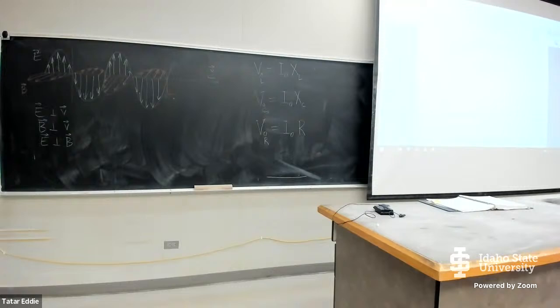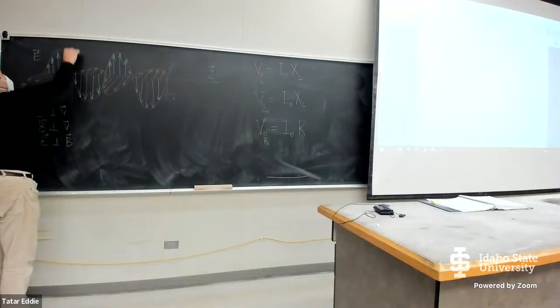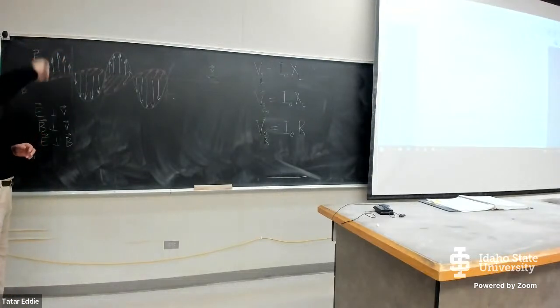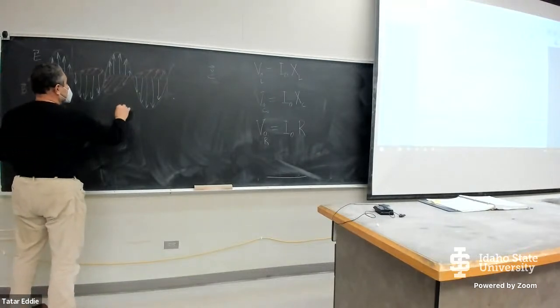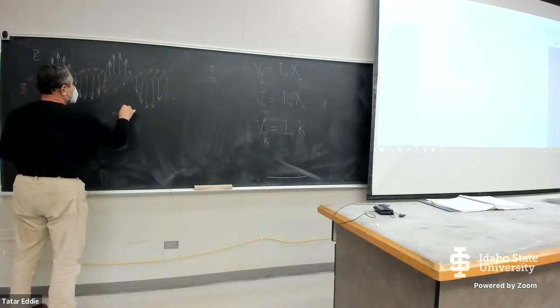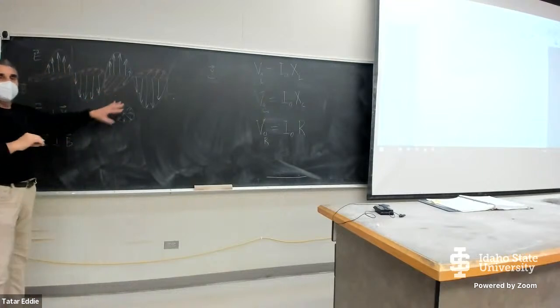Now, we said that most natural sources of light emit unpolarized light. In other words, instead of a single direction of oscillation of the electric field, you have every single possible direction of oscillation happening equally often, like this.